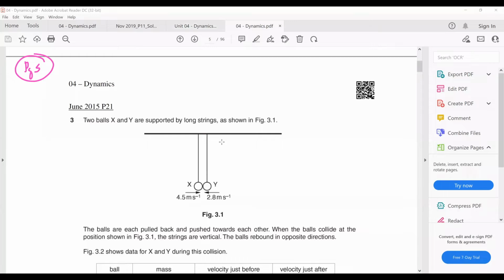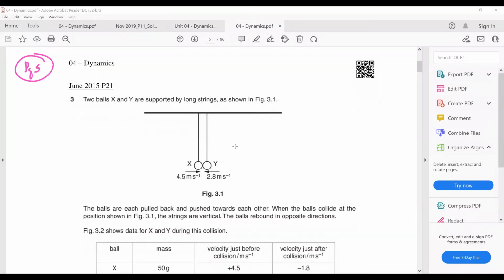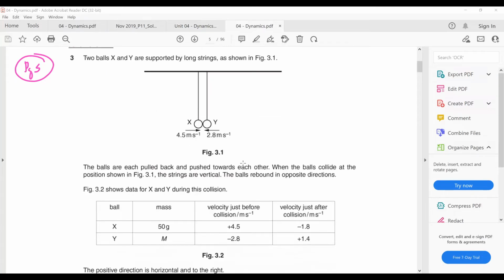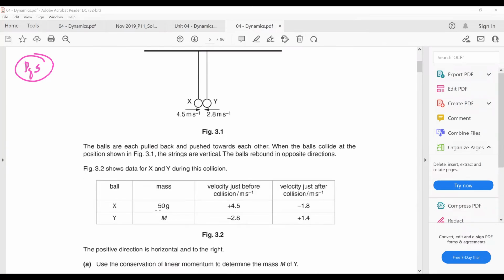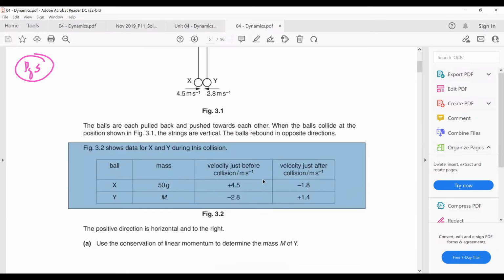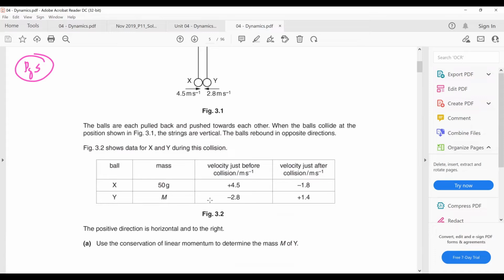Strings as shown in figure 3.1. The balls are pulled back and pushed towards each other. When the balls collide at the position shown in figure 3.1, the strings are vertical. The balls then rebound in opposite directions. Figure 3.2 shows you data for X and Y during this collision, where they show you the mass and the velocities before and after. You notice that there's some negative sign attached to the velocities.